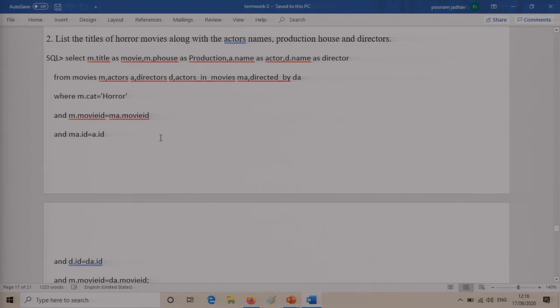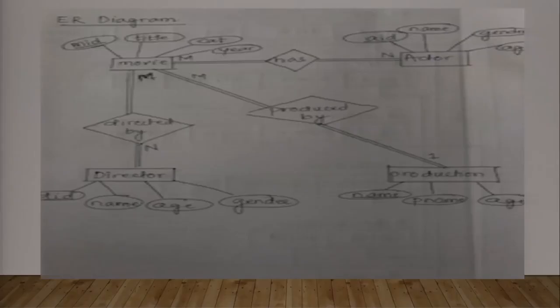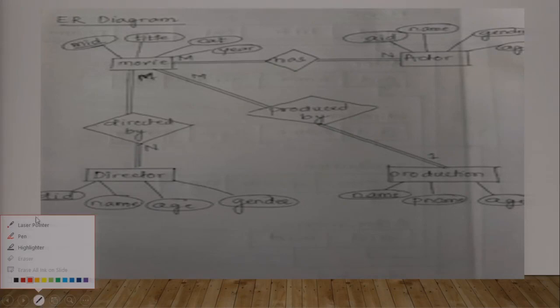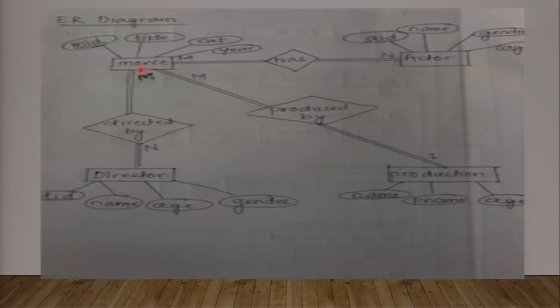How do I build a relationship between them? If I can take you back here, let me get a pointer. One second. Okay, so I hope this is visible. When I'm talking about the movie table and I want to build a relationship between the movie table and the actor table, how can I build it?